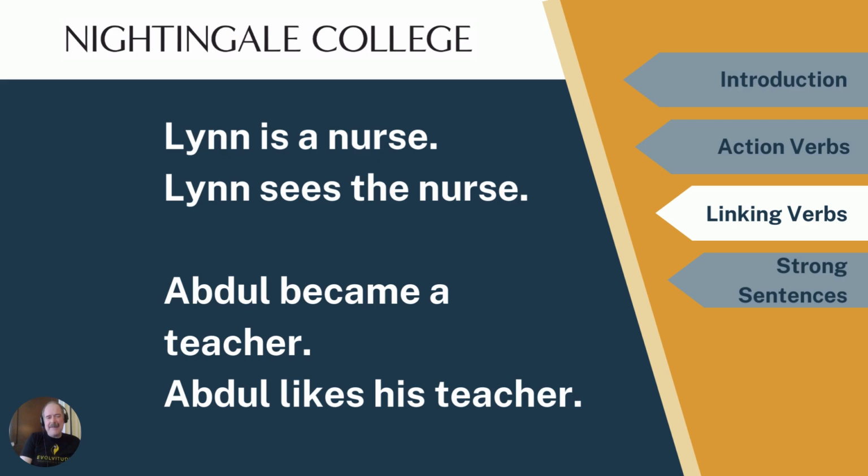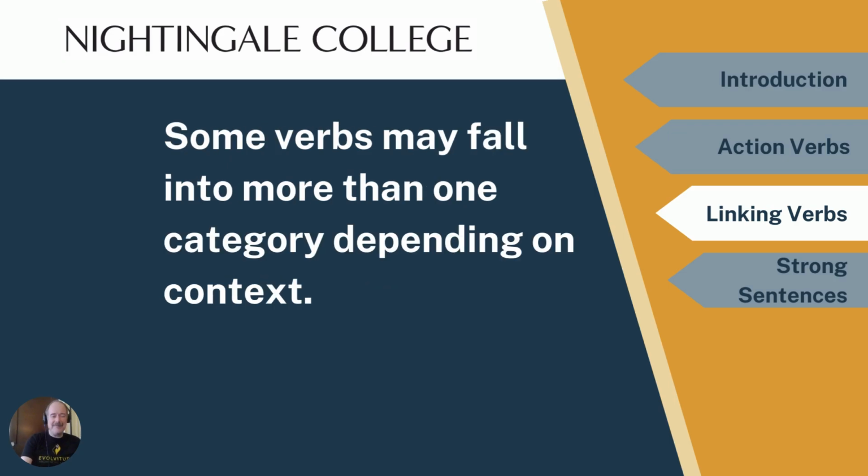Abdul became a teacher. A teacher is describing Abdul. Abdul likes his teacher. His teacher is receiving the action of the verb likes. So in the first sentence, Abdul became a teacher, we have a linking verb. Abdul likes his teacher, action verb.